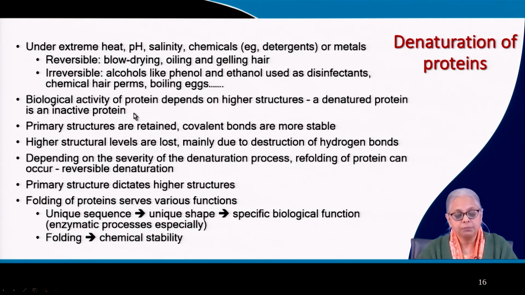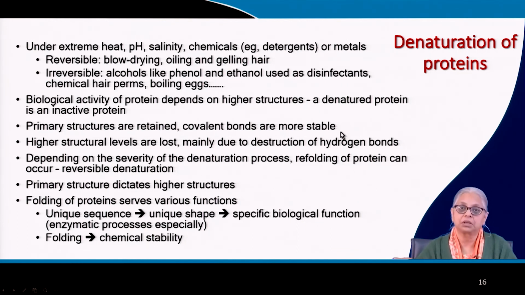So this biological activity depends on the preservation of the higher structures. The denatured protein is an inactive protein. It has lost all its ability to do any of its biological functions. The primary structure is intact. Nothing has changed. You haven't broken it. The primary structure is completely retained, the covalent bonds are stable.